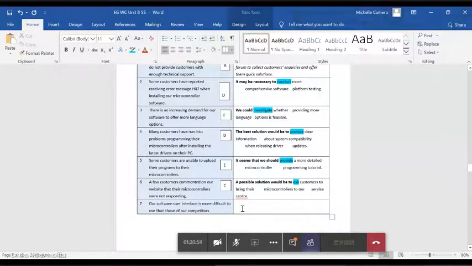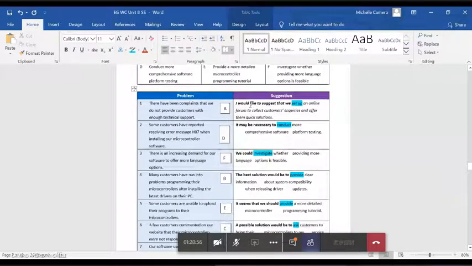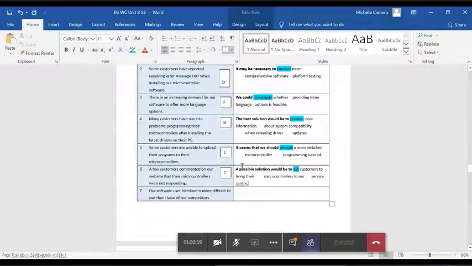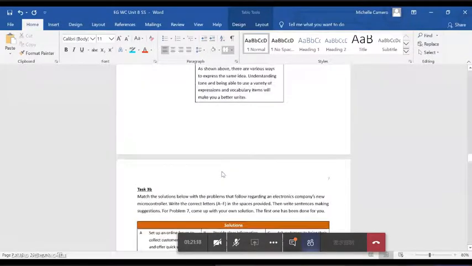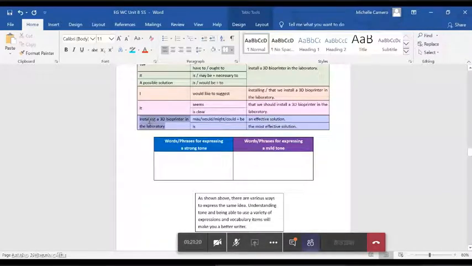Now for this one, they have not provided a solution. They want you to think of your own solution. So our software user interface is more difficult to use than our competitors. So what could be a possible solution? This one that says update the software interface to make it more user-friendly. So why don't we use this one, which we haven't used yet. Let's use this sentence pattern where you put the solution first in the sentence and you start with verb plus "ing." So let's see.